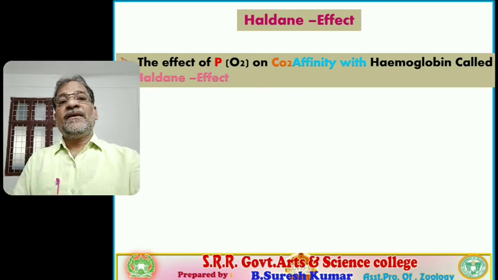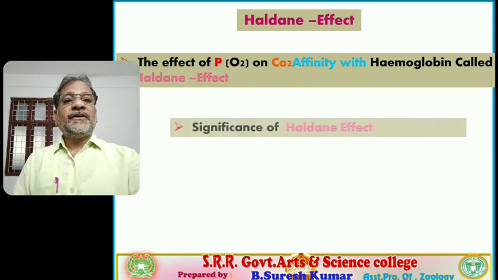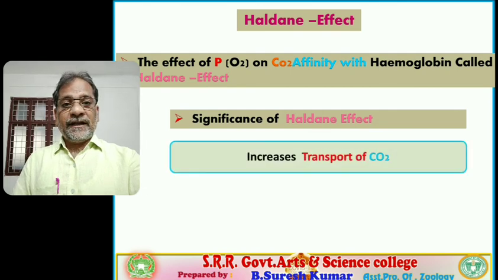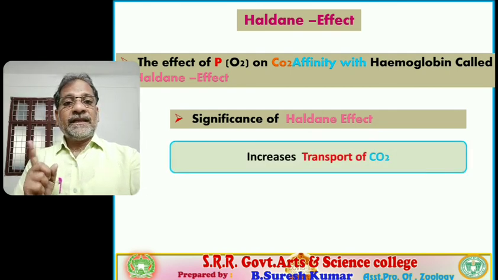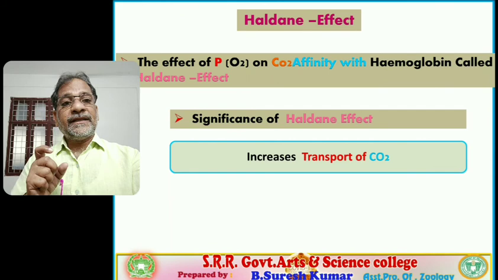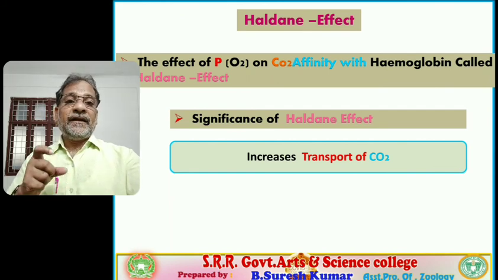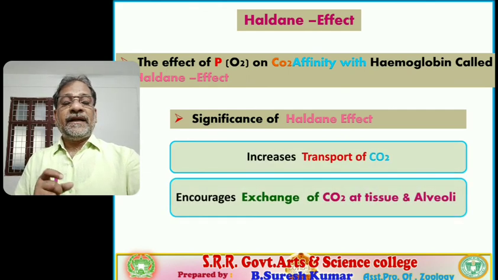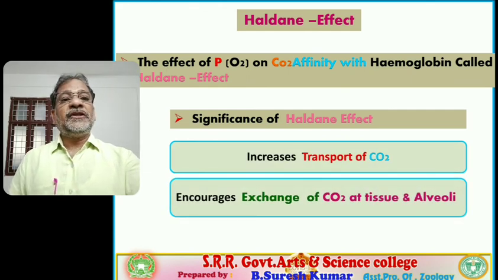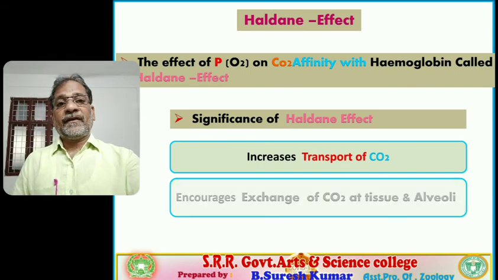That explains the Haldane effect. So the significance of the Haldane effect: we learned the significance of the Bohr effect, so what is the significance of the Haldane effect? It increases transport of carbon dioxide and it encourages exchange of carbon dioxide at tissue and alveoli.